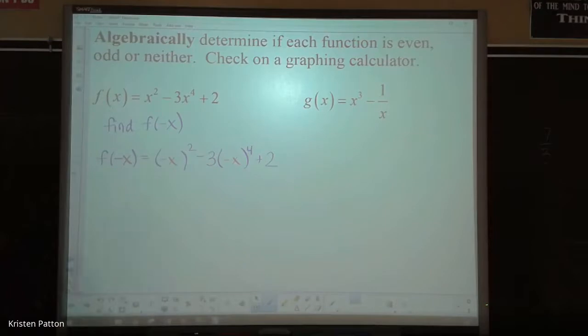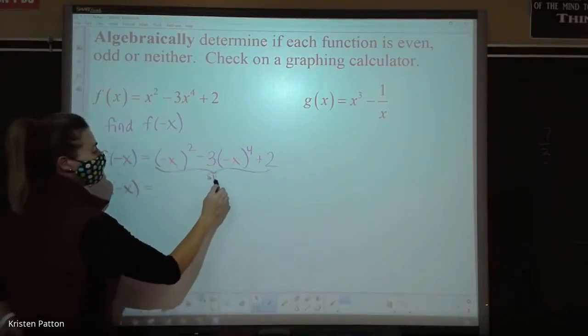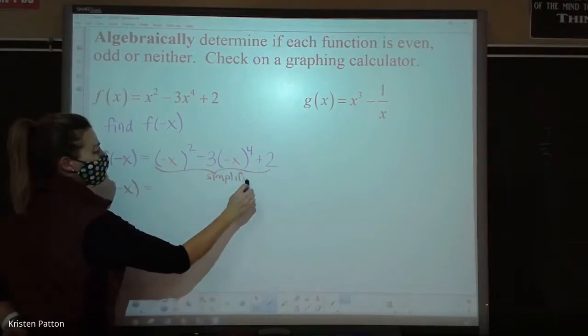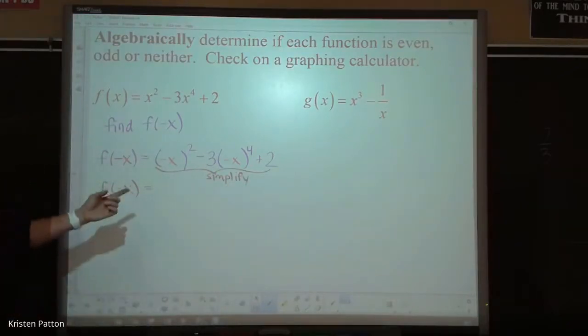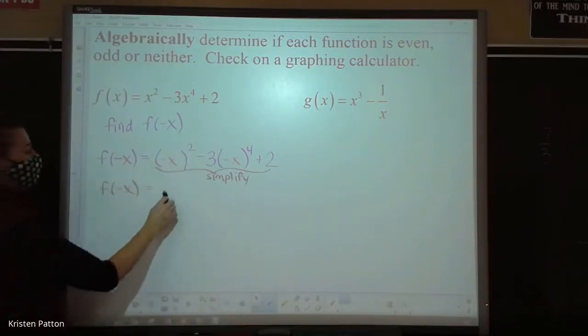So on the left-hand side, I'm going to leave that alone. But on the right-hand side, let's clean it up. We did this work at the beginning of class today. Remember how we said negative x squared simplifies to just be x squared?